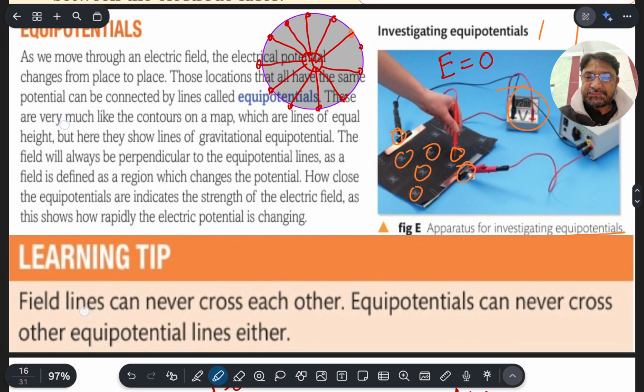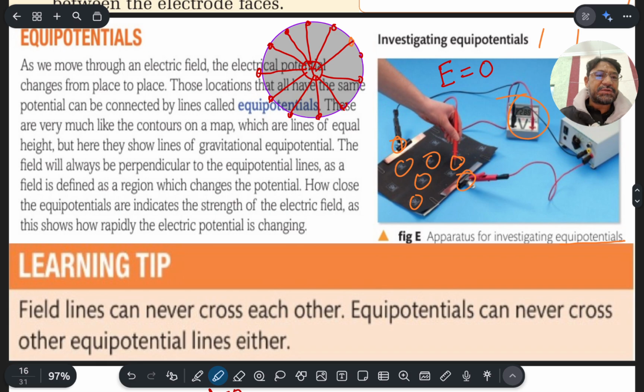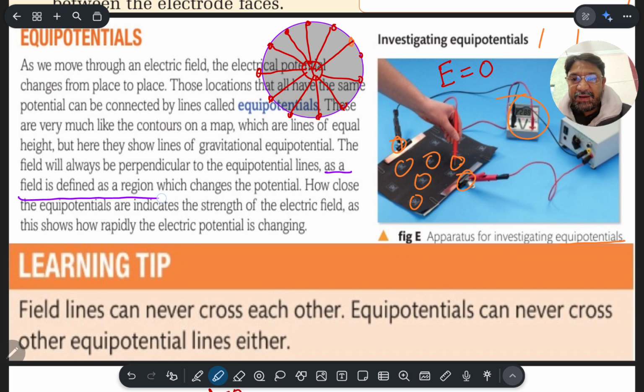This is the major concept of equipotential surfaces. In the last line, a very important line, the field lines define the region with the changes in potential.